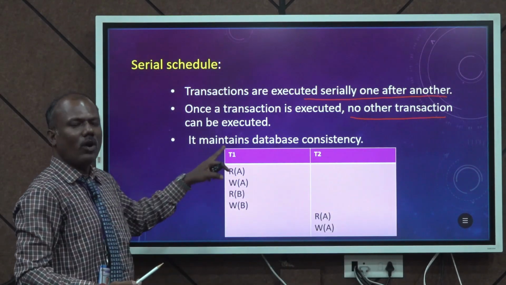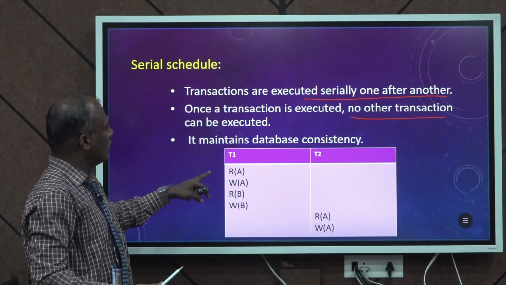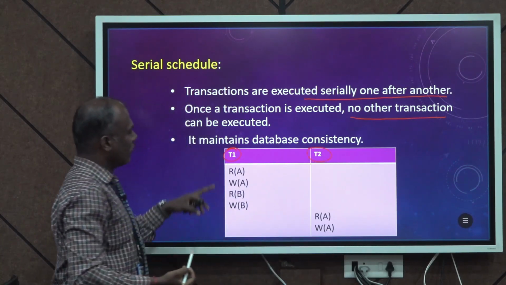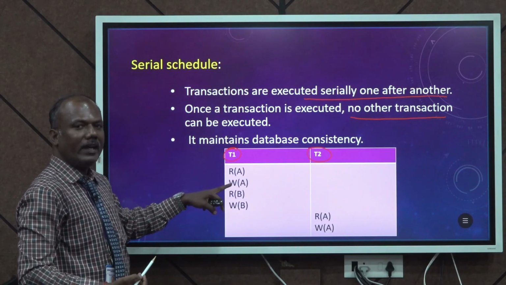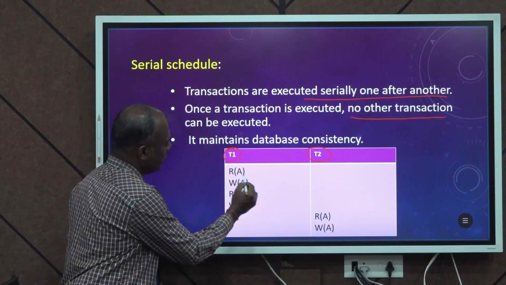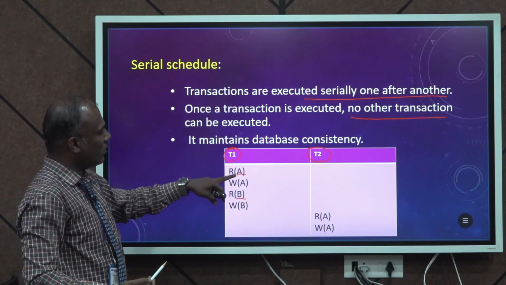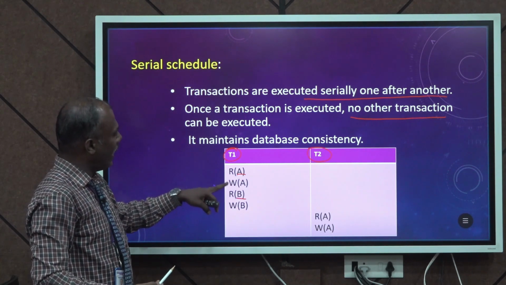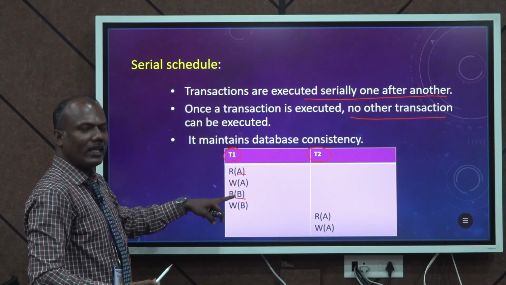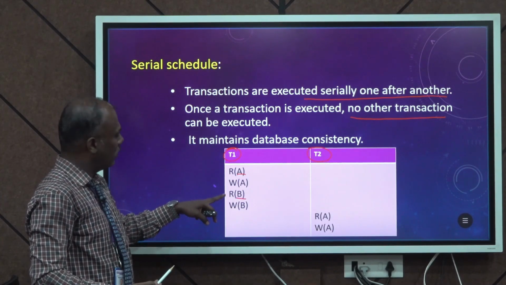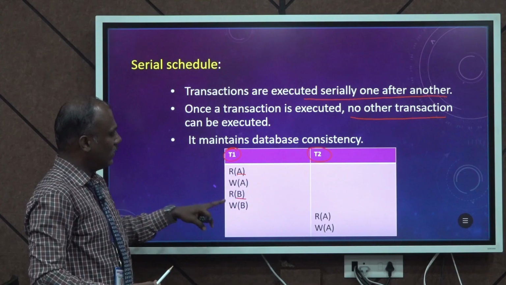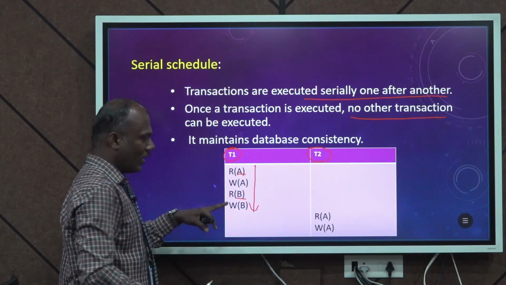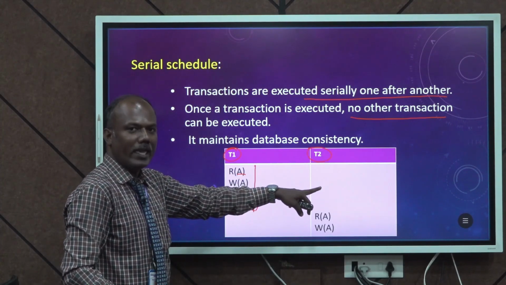These schedules follow consistency. Here two transactions are mentioned, T1 and T2. In the first transaction, two data items are involved, A and B. Based on the data item A, two operations happen, read A and write A. Then based on the data item B, two operations happen, read B and write B. So this first transaction is executed in a serial manner, and at that time T2 is not allowed to execute.